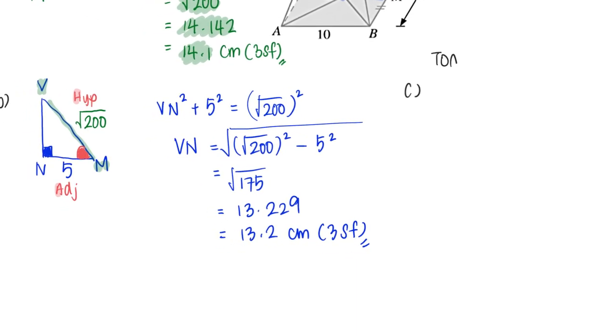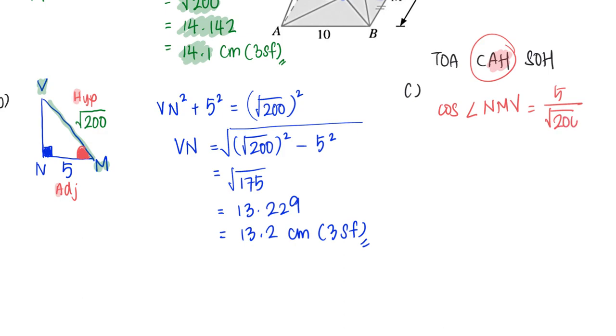So given that I have my A and H, I'm going to use cosine of this angle, and cos of angle NMV is equals to adjacent side 5 over my hypotenuse square root 200.